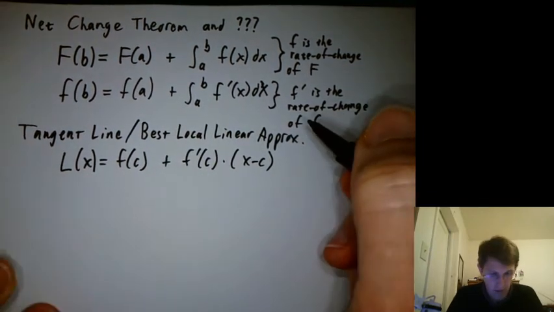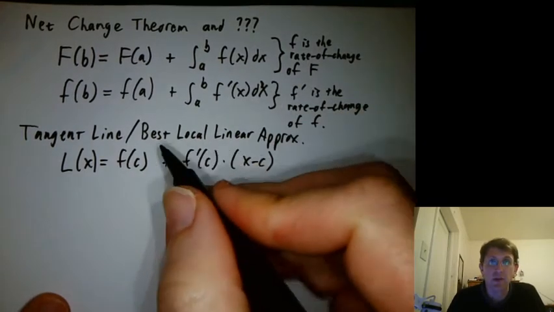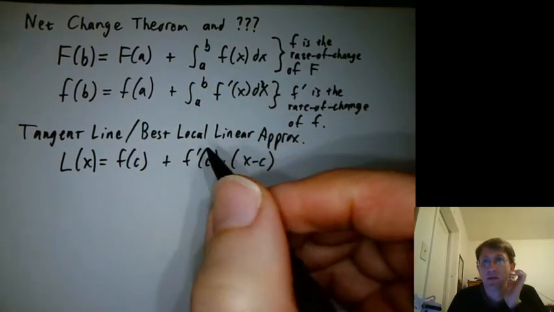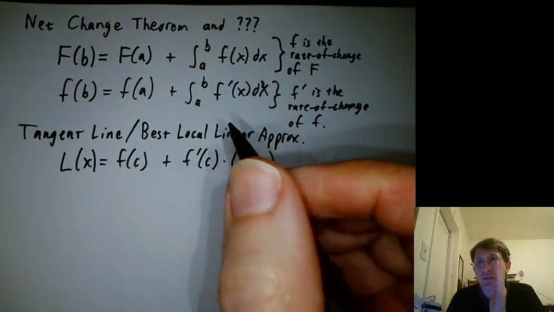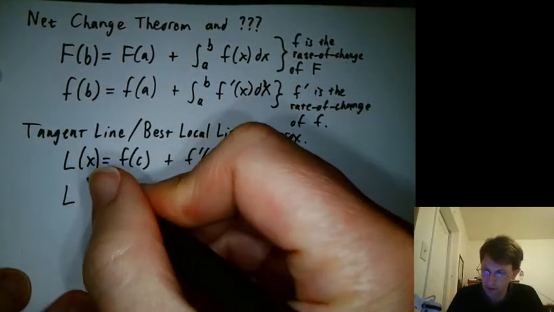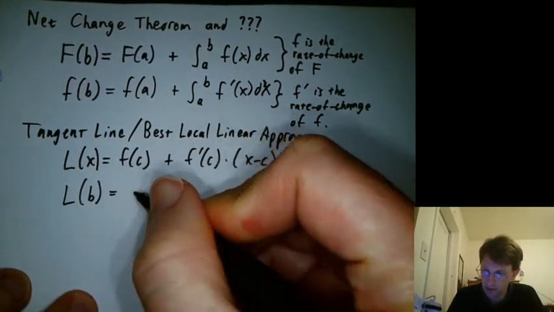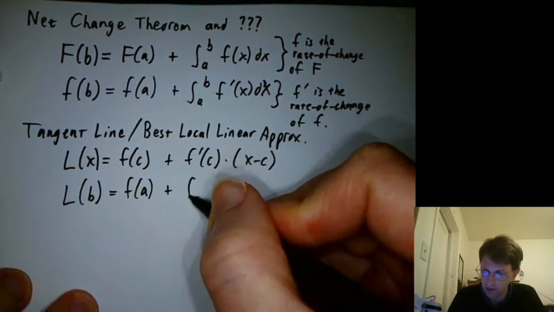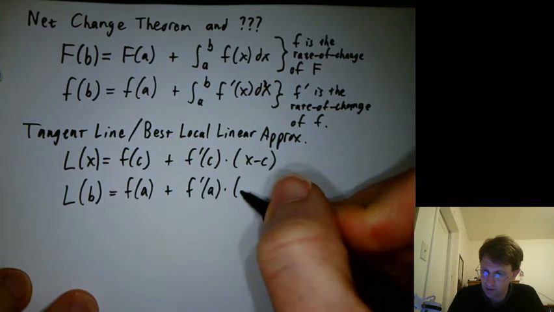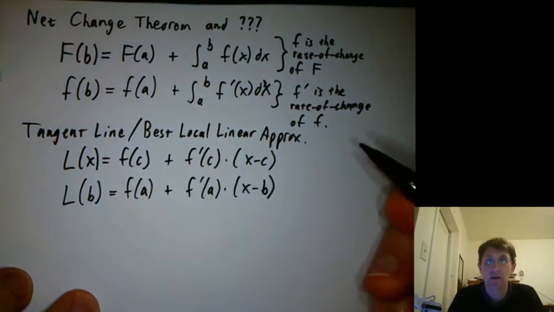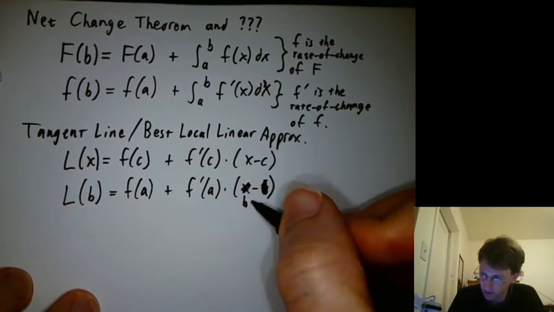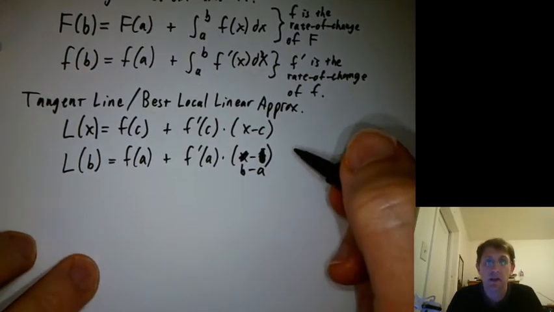And again, in the spirit of just playing with symbols, we were anchoring at c and going to x, but in this net change theorem, we're anchoring at a and going to b. So we could replace x with b and say, instead of anchoring at c, we're anchoring at a. Let's change that. x became b and c became a.